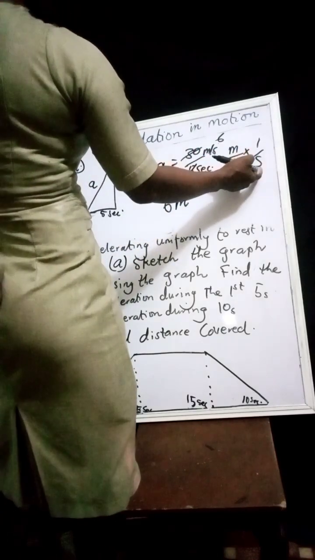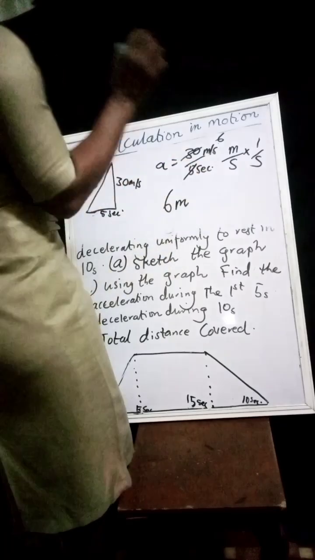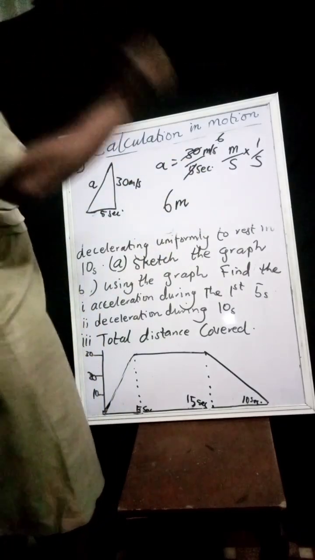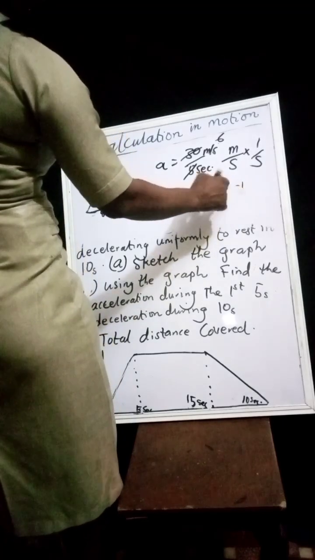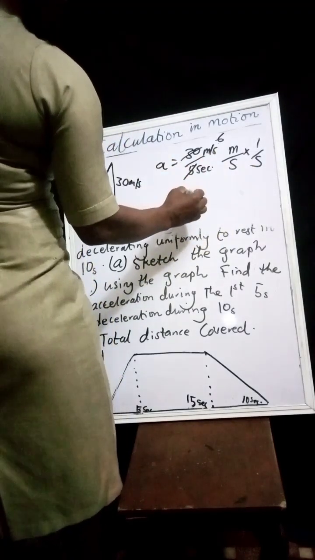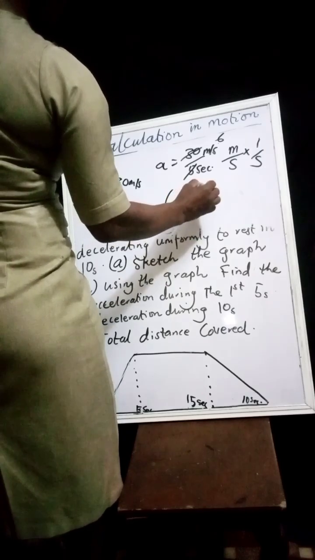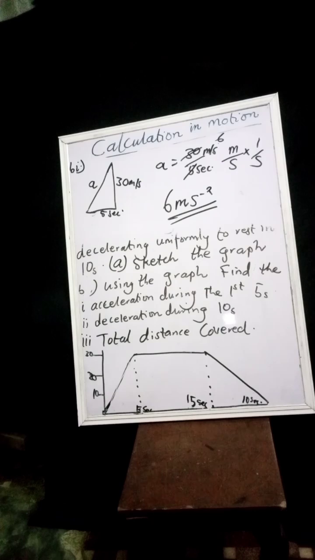Seconds times seconds, remember this is per, that is slash, but if I want, I use the power minus 1. So seconds times second will give us second squared. That is per second squared, and that is the acceleration.